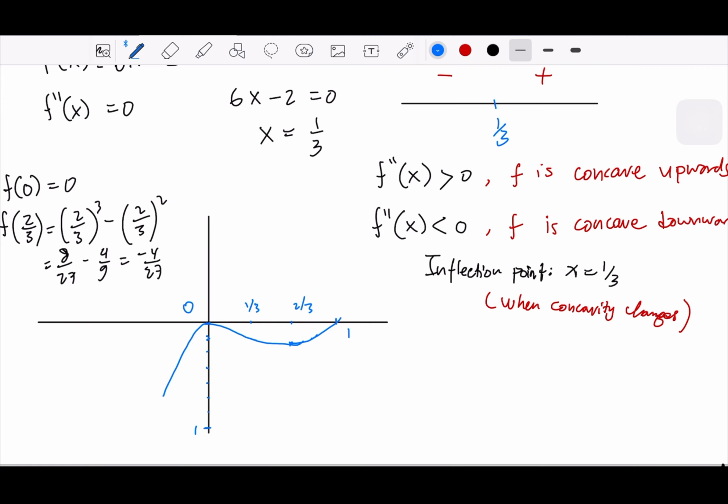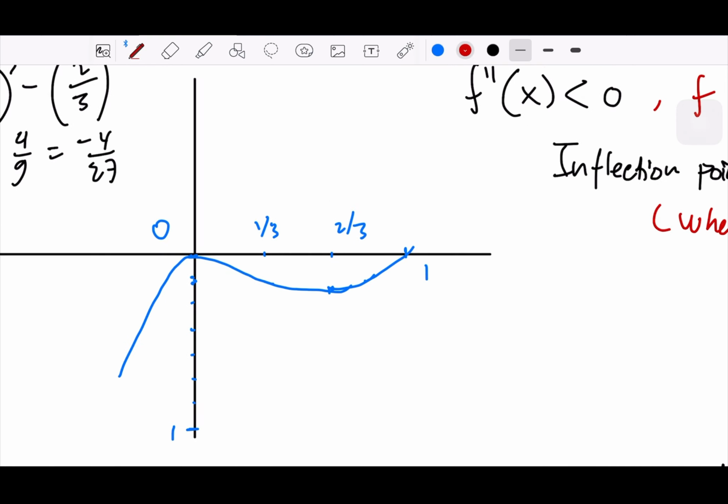So we need to make sure to confirm. You could also check with your graphing calculator or graphing website or application whether our approach for the curve is correct or not. The important thing is you need to mention all the necessary points. For example, in our sketch, the necessary points are the inflection point, like this one, 1/3.